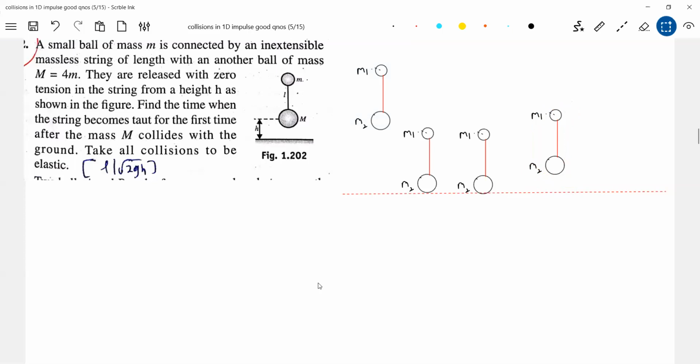I'm trying to show the sequence. So both are released from rest, from a height, let this be L. When they approach here, both will have velocities u1 and u2.